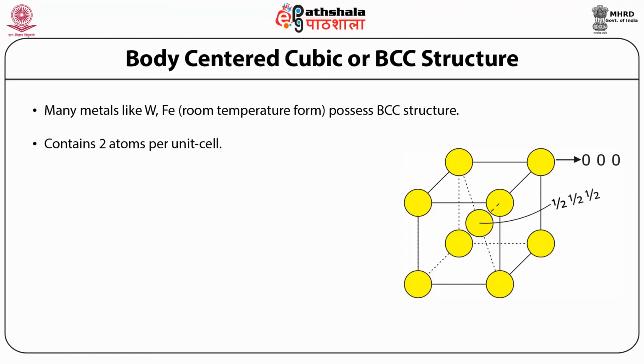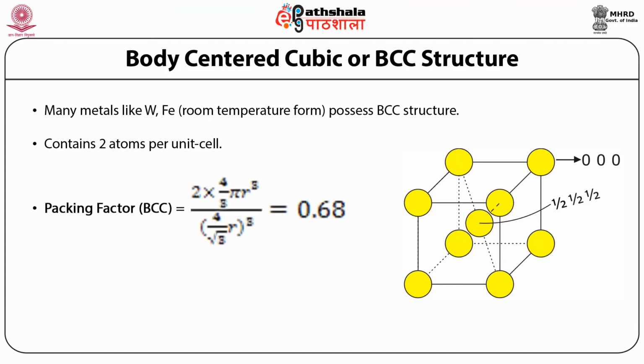Similar to simple cubic structure, the packing factor of BCC structure is given by the same formula, that is the ratio of the volume of all atoms in one unit cell to the volume of one unit cell. In this case, the volume of all atoms in one unit cell will be twice into 4 by 3 pi r cube.